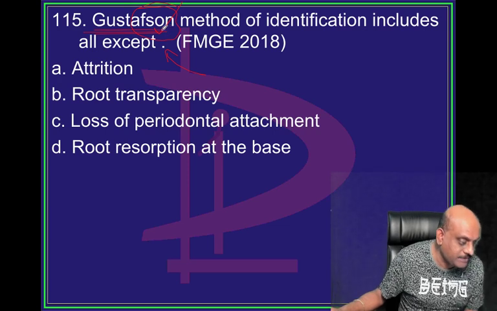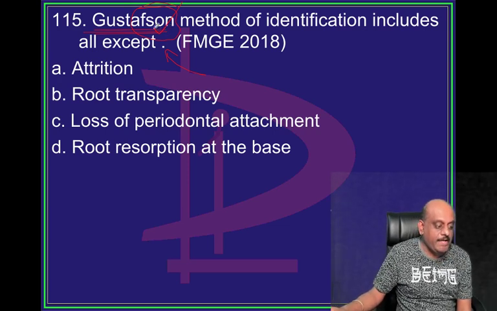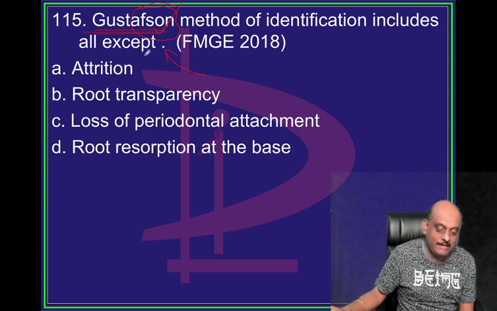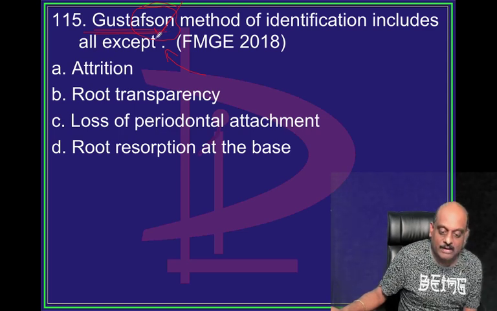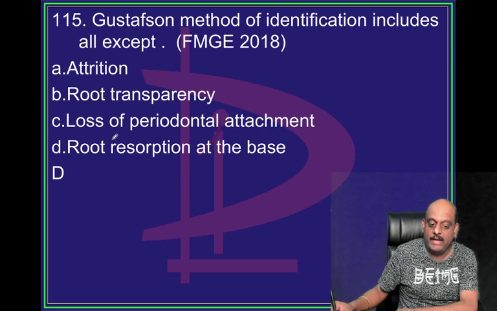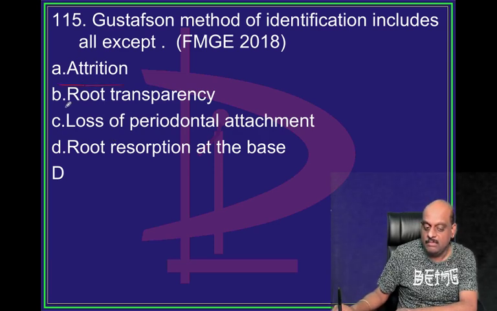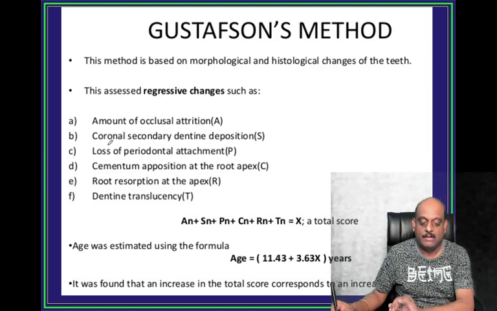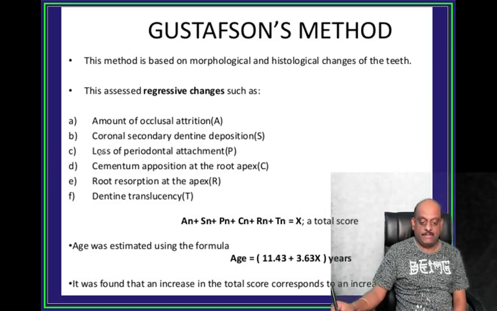Good to see 82 online students. Gustafsson's method includes attrition, root transparency, loss of periodontal attachment.